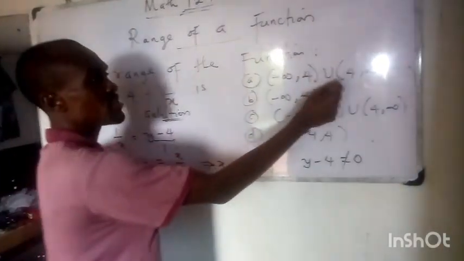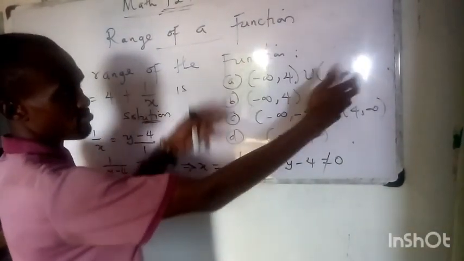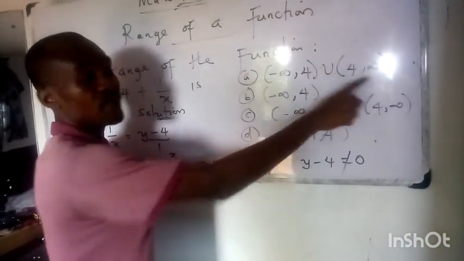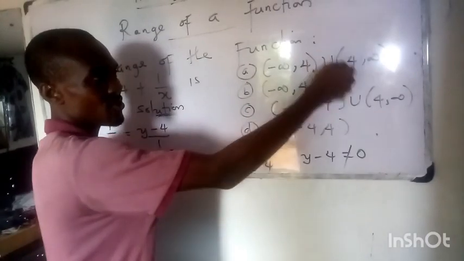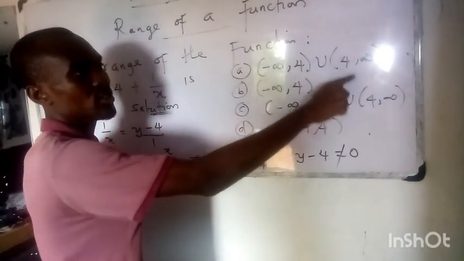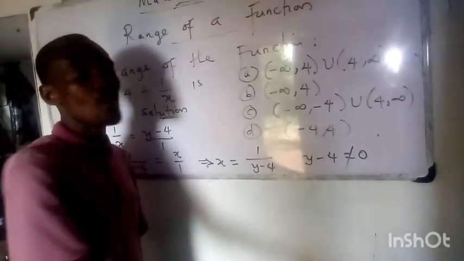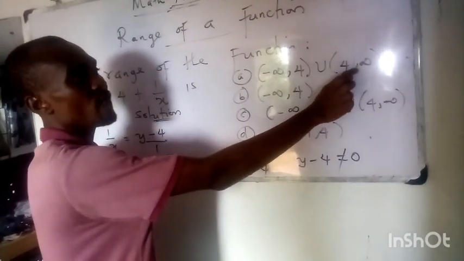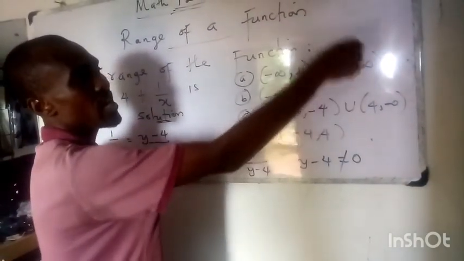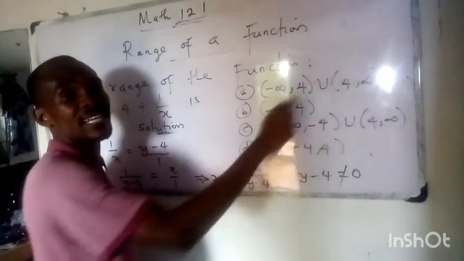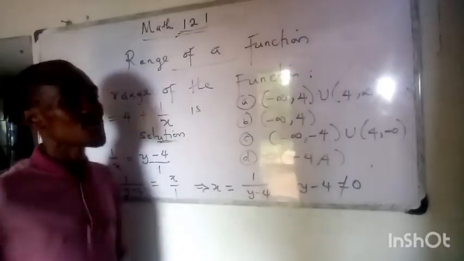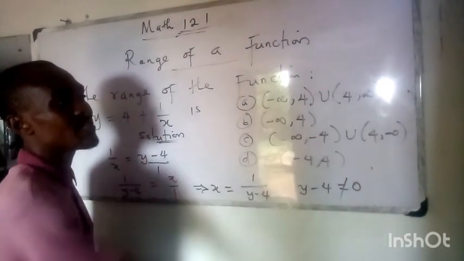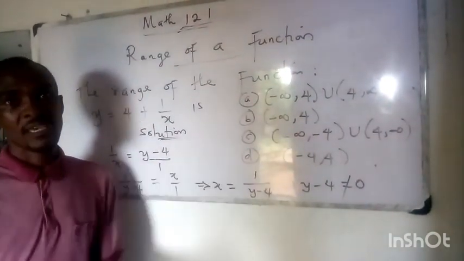And this is union. So let's consider the union. We have 4 to infinity. Remember, because of this set notation, this 4 is also not captured. So we are looking at values that are greater than 4, from 5 up to infinity. So this 4 is excluded here, and this 4 is also excluded here. But every other number within minus infinity to infinity is acceptable.